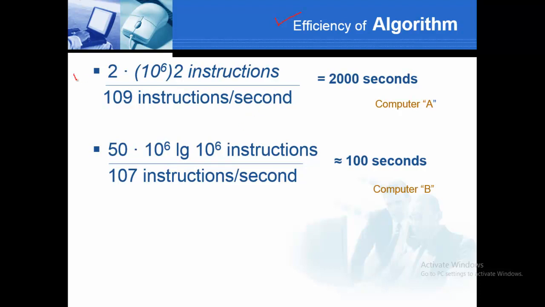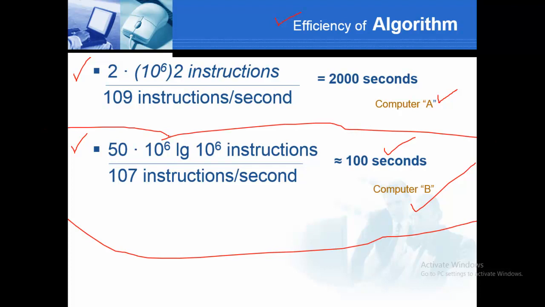Actually this algorithm takes 2000 seconds on computer A. The same algorithm takes 100 seconds on computer B. So it means that if we say an algorithm is efficient but after applying it on two different hardware, we get different times, so that's why we can say this algorithm is efficient.